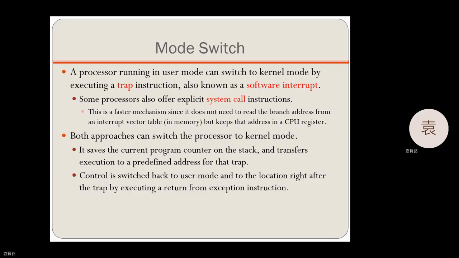This kind of mode switch is usually provided by most processors using a special instruction, which we call a trap instruction, or sometimes a software interrupt instruction. This special instruction lets the processor switch the execution mode from user mode to kernel mode, and after this switch, the previous instruction can be executed.